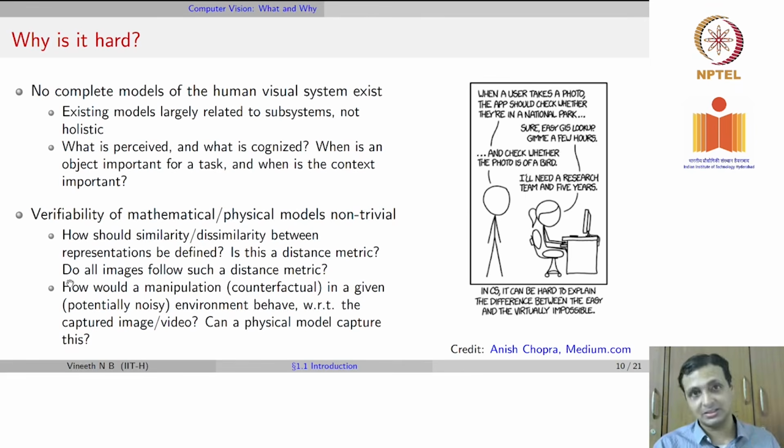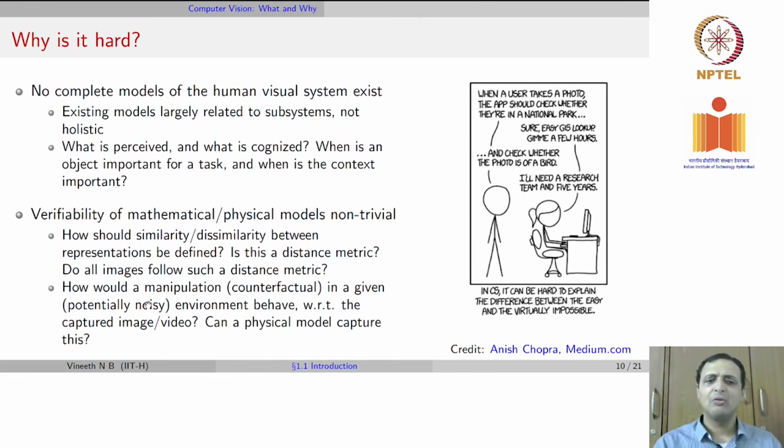Do all images in all settings, RGB images, thermal images, LiDAR images, do all of them follow the same distance metric? How do you change these distance metrics between these images? Unfortunately, there's no universal answer. There's no clear verifiability for such. Even if you develop a method, how do you verify it in a very reliable way is also an open question.